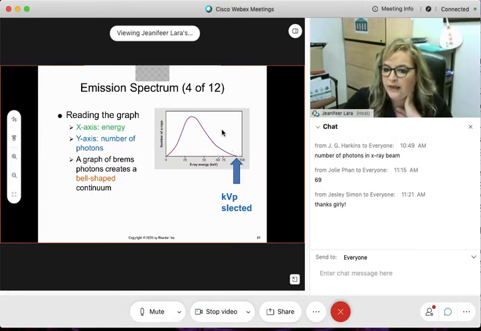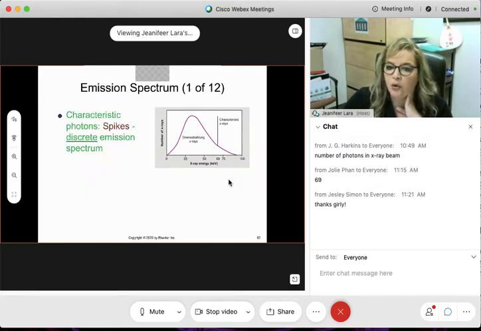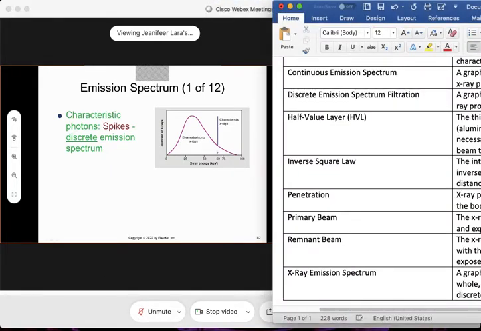We know that the K binding energy is right here, but we selected higher, so we know we would have characteristic X-rays. Make sense? Because our selection of kVp was over here, about 90 kVp.